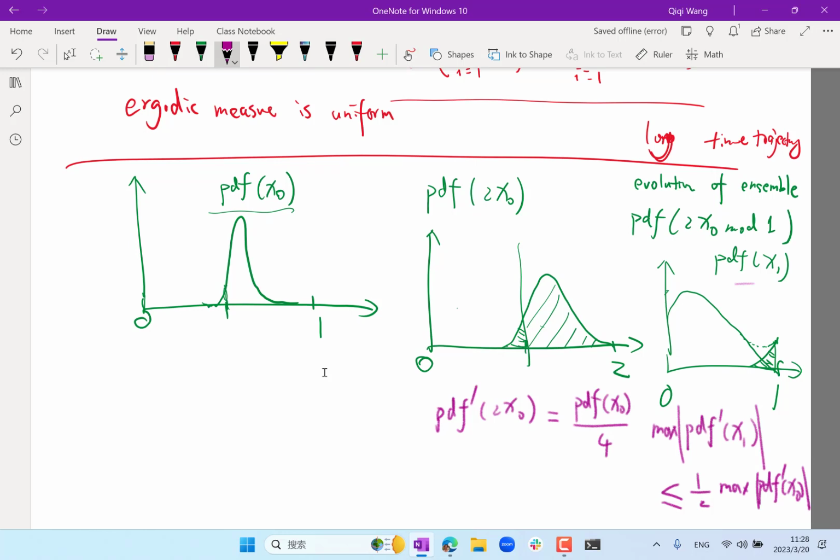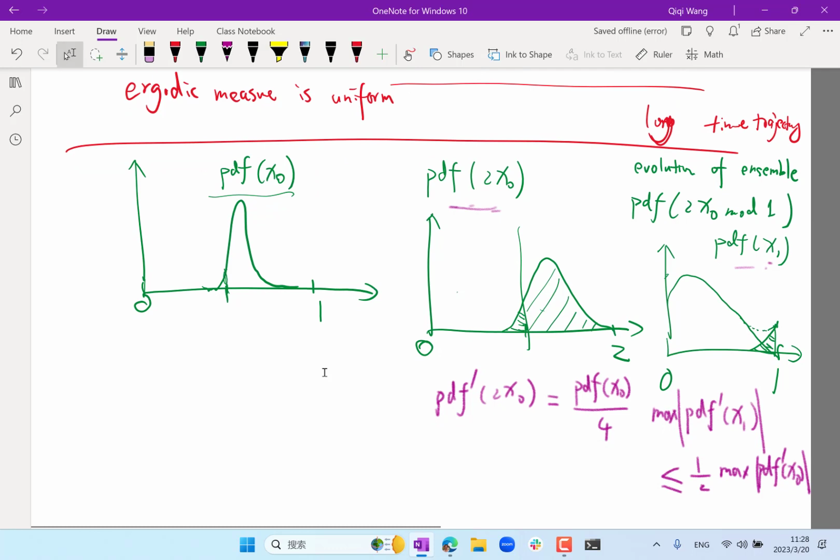Right? Okay, by stacking part of the function with another part of the same function, you cannot get more than a factor of 2. So the PDF of x1 is basically the summation of this function with itself, but at different x locations. So what does that mean?